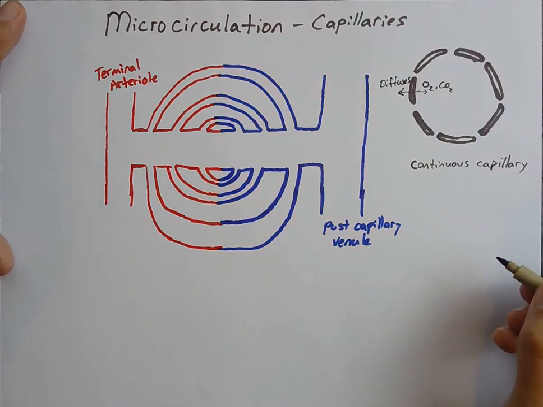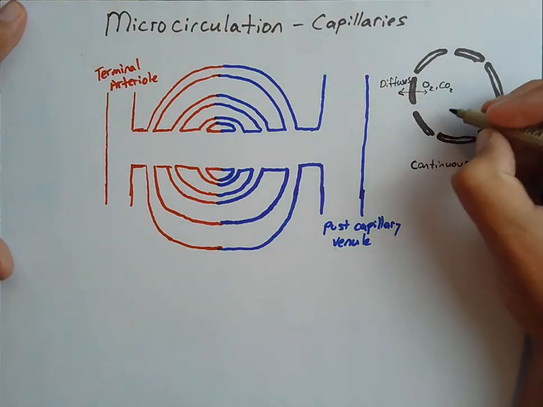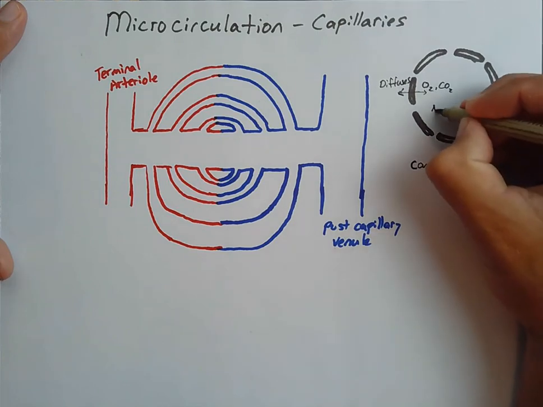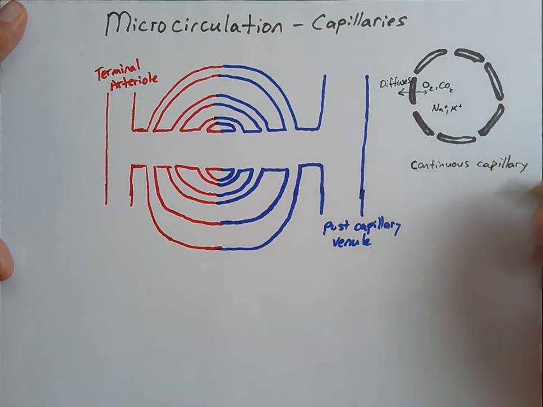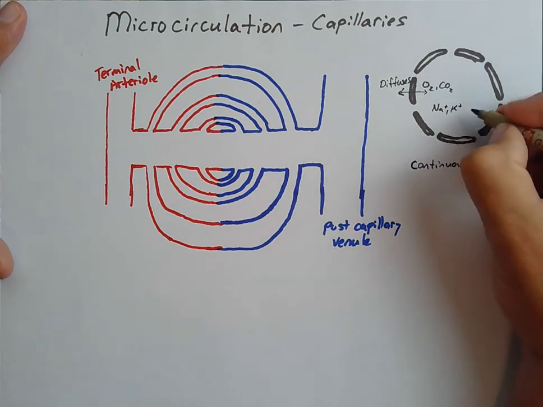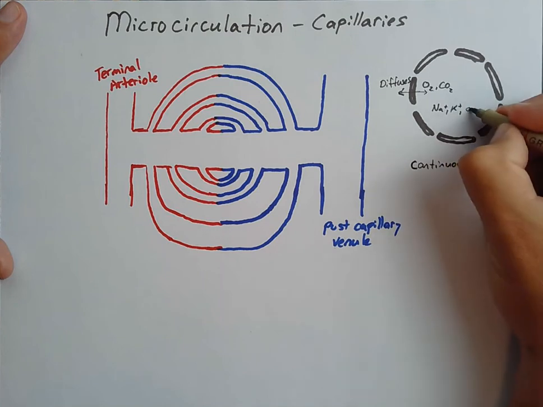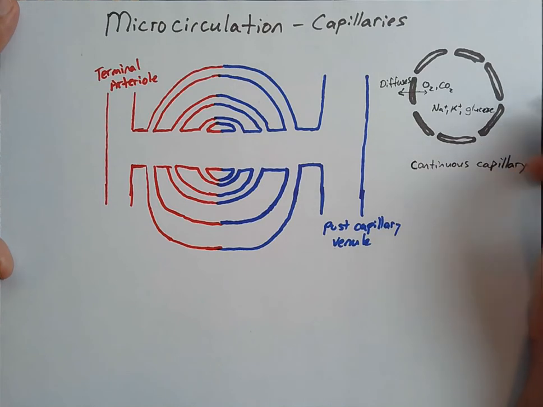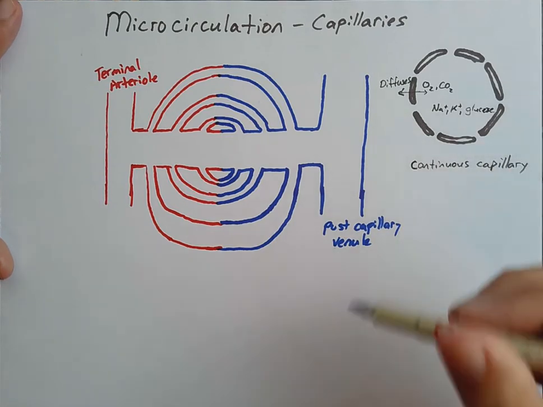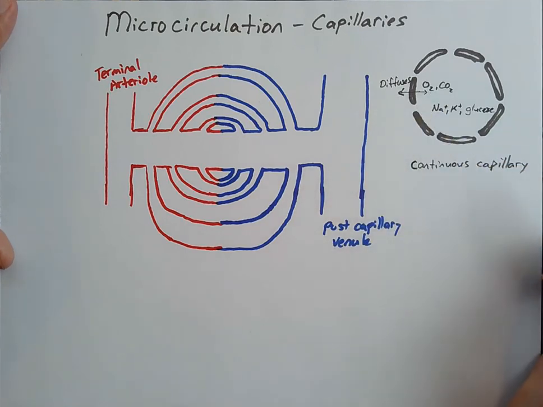What else is going to be happening out here in the capillaries that we need to know about? Well, also inside of your blood are these wonderful things like electrolytes, right? Sodium, potassium, chloride, and calcium, etc. In addition to electrolytes, we have nutrients like glucose, amino acids, and fatty acids. Now, fatty acids are nonpolar, so they're going to have a much better chance of just going through the cell membrane.